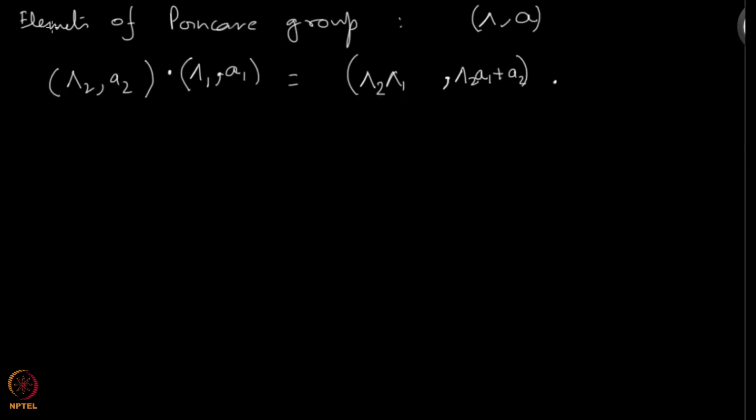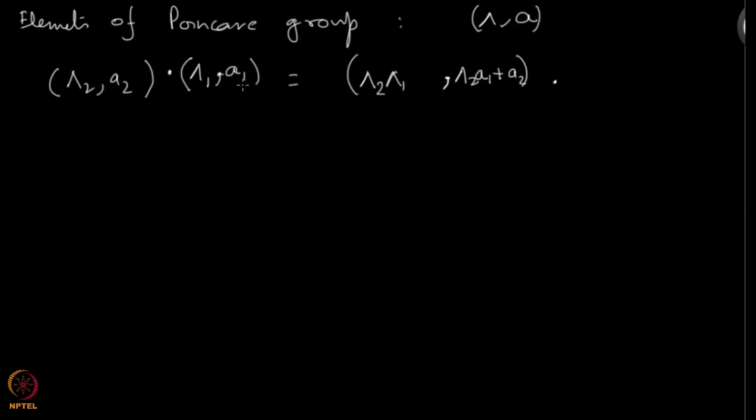So if I write down the elements of Poincare group like this, there are two pieces to it. One is the translation part, the one parameter is translation, actually these are four parameters, not one, and another is lambda. Okay.